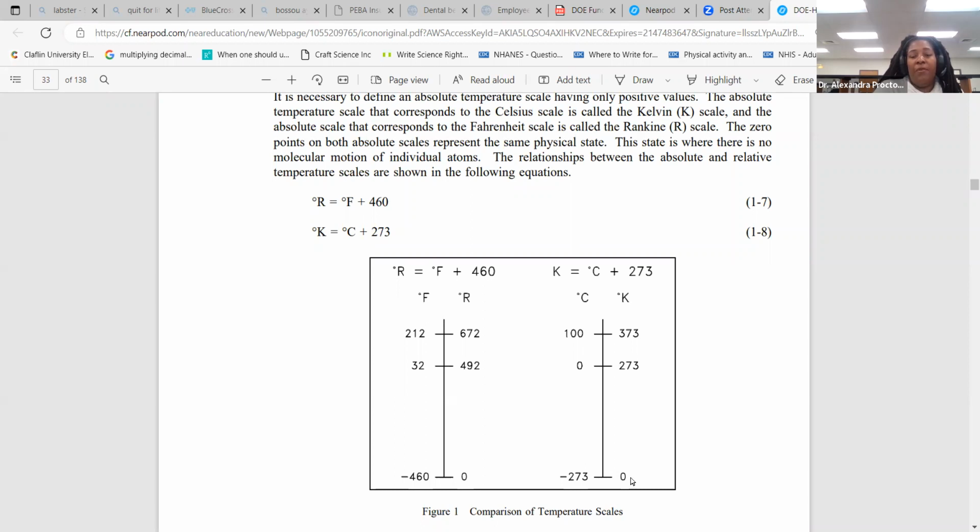And you see that for the absolute scales, they make all these values positive. So whatever this negative value is on the Fahrenheit scale, it's negative 460, they set that at 0. That's the temperature at which there's no molecular motion. And then on the Celsius and Kelvin scale, you see they have a negative 273 under the Celsius. They set it to 0 to define the Kelvin scale.